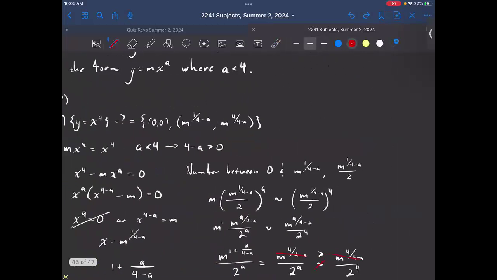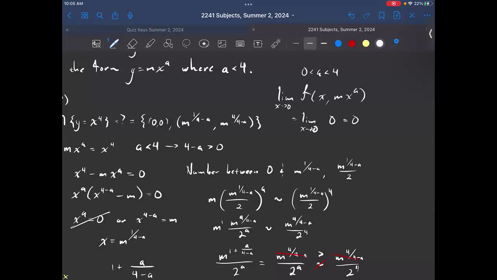So when I look at the limit as x tends to 0 of f of x comma m x to the a, with a less than 4, this is equal to the limit as x goes to 0 of 0.